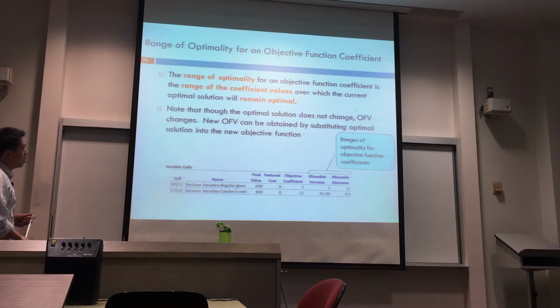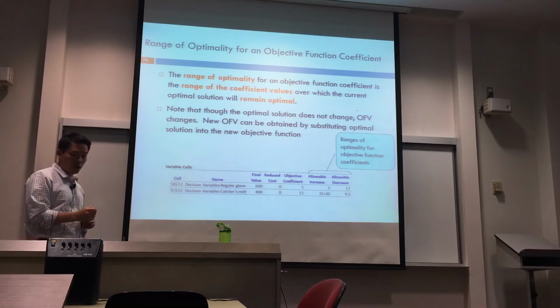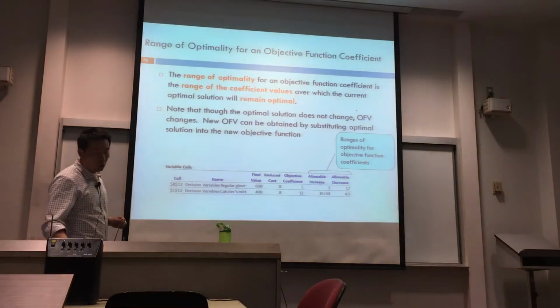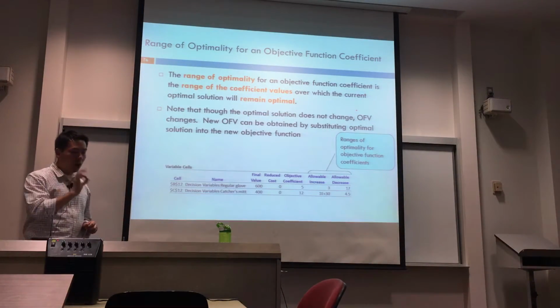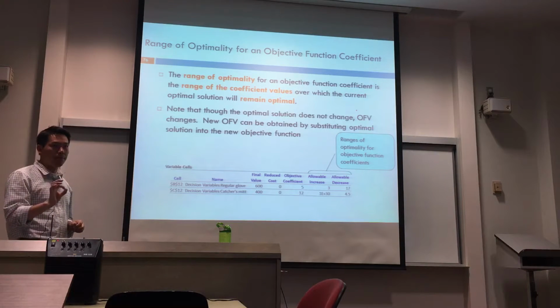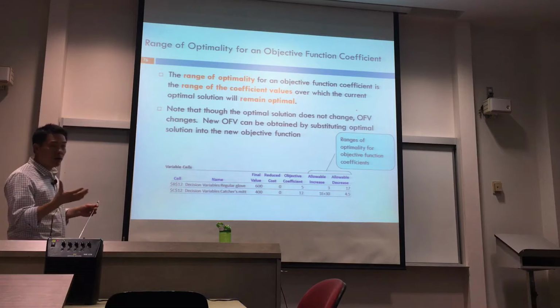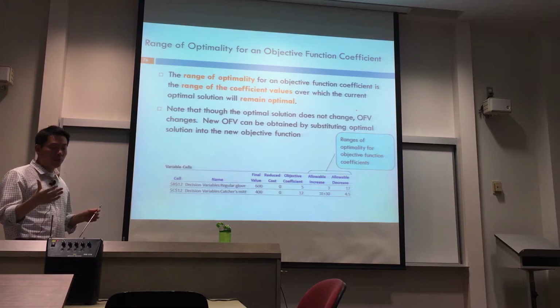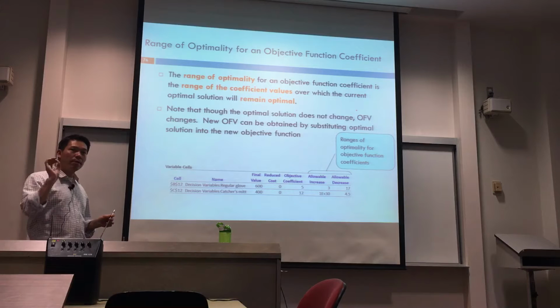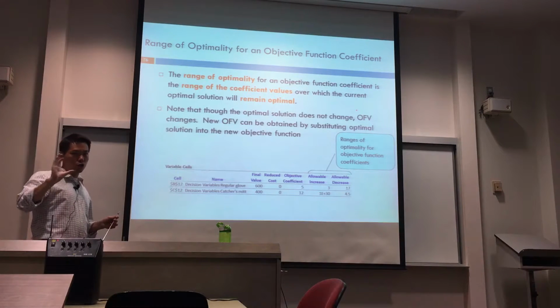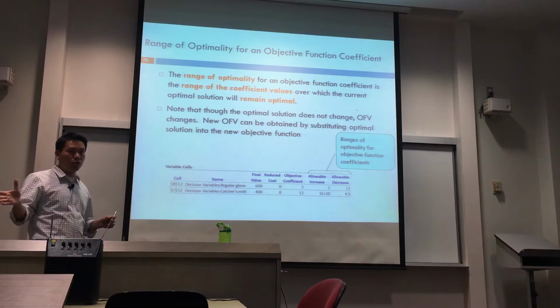This is the range of the coefficient values where the original or the current optimal solution will stay the same. Of course, although the optimal solution will be the same, the OFV is going to change because you change the coefficients, right?